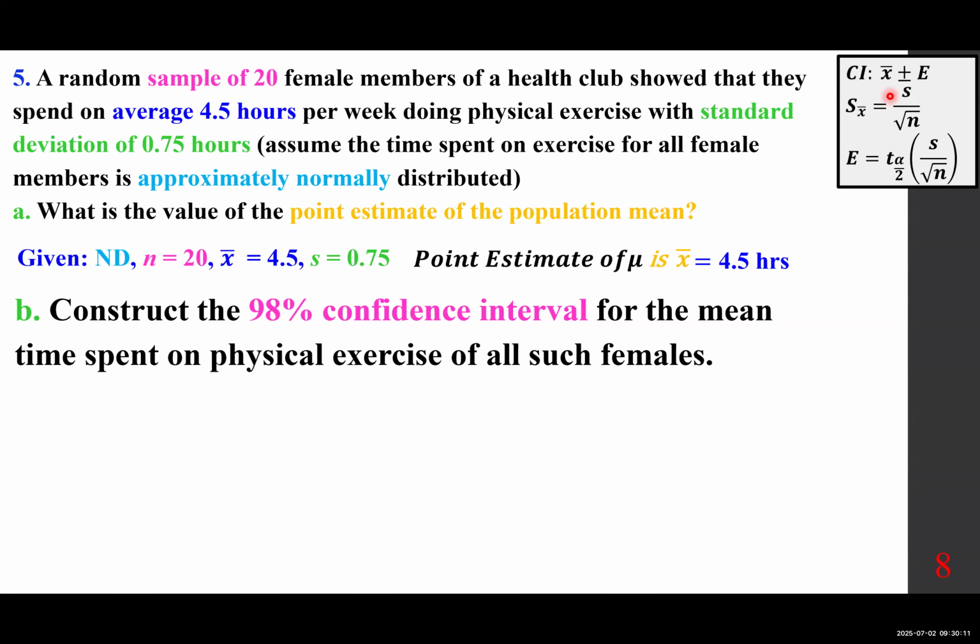The confidence interval is X bar plus or minus E. But for the case that sigma is missing and we have to go with the t distribution, instead of sigma of X bar, we're going to go with s of X bar, s over square root of n, and E is t alpha over 2 times s over square root of n. I hope you see how similar it is to the formulas that we've seen for the population. Extremely close, just slightly different symbols.